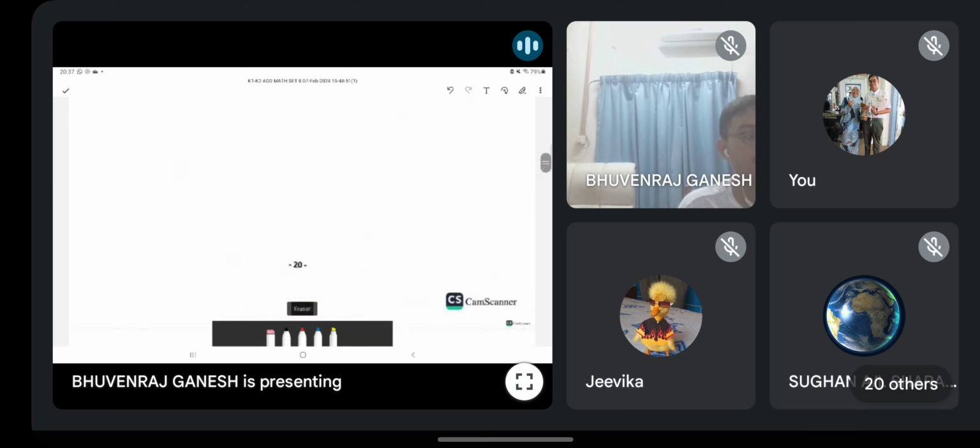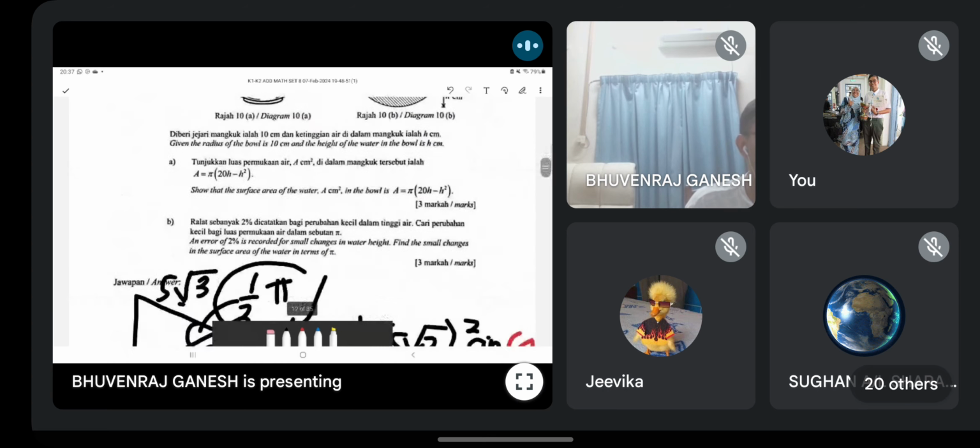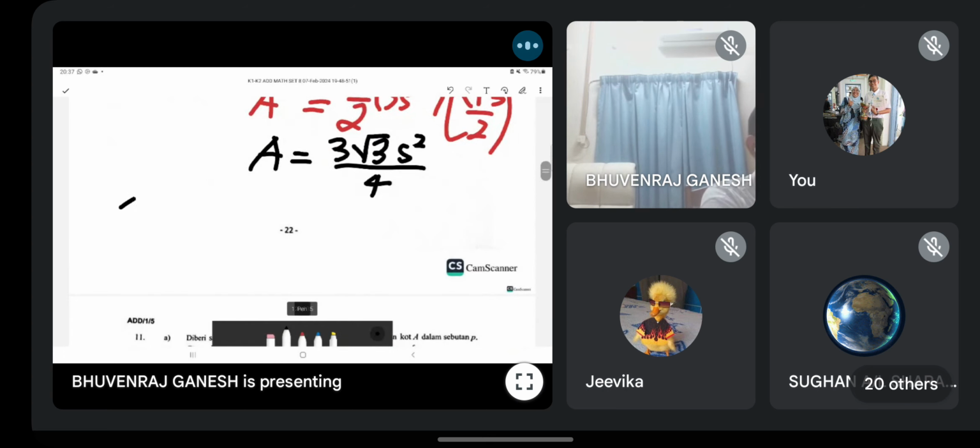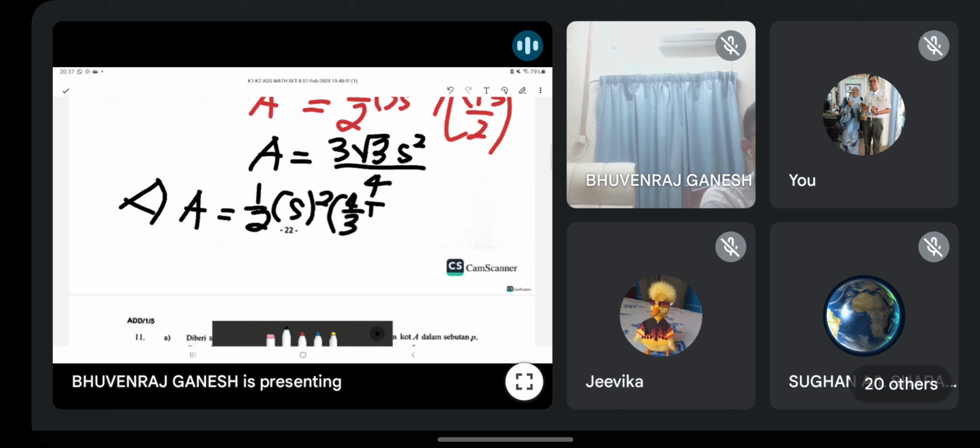Okay, maintain in radian. So now, for this sector, there is one more sector. So this sector area is half. The radius is S. Angle 4 over 3 pi. So you count, you will get 2 over 3 pi s square.